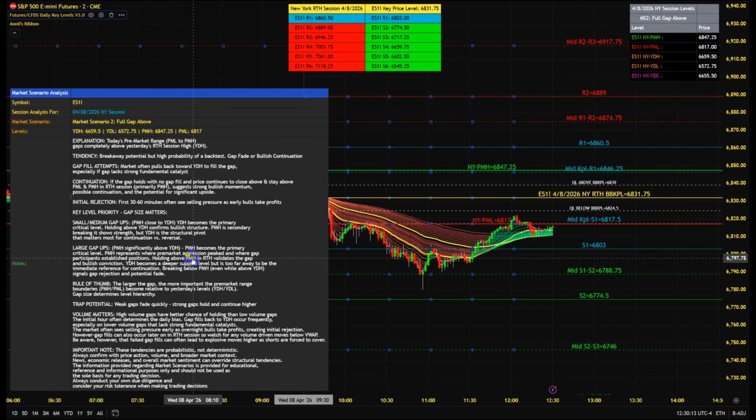Holding above the PMH level in RTH validates the gap and bullish conviction. Yesterday's daily high becomes a deeper support level, but is too far away to be the immediate reference for continuation. Breaking below the PMH, even while above YDH, signals gap rejection and potential fade.